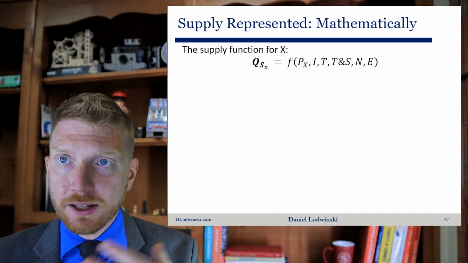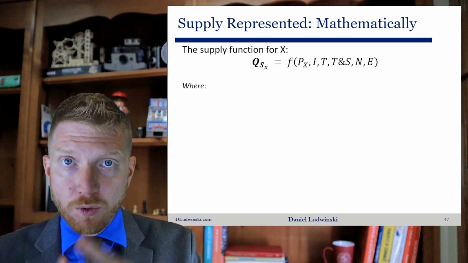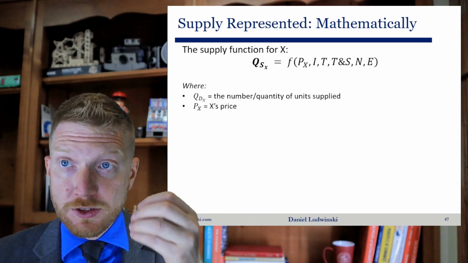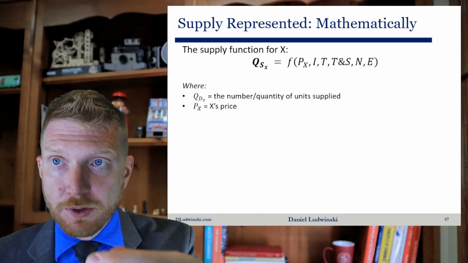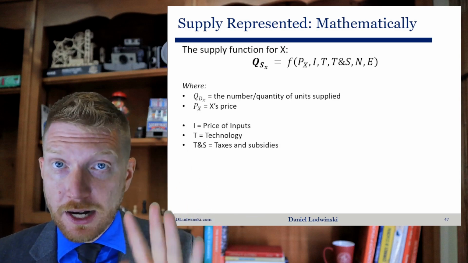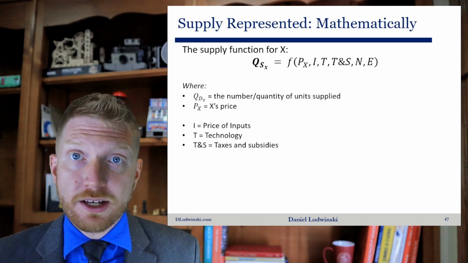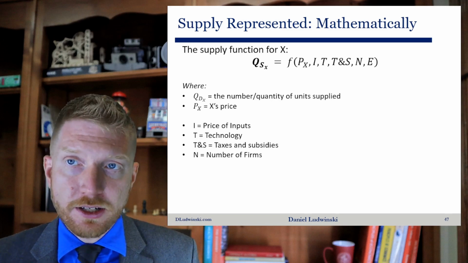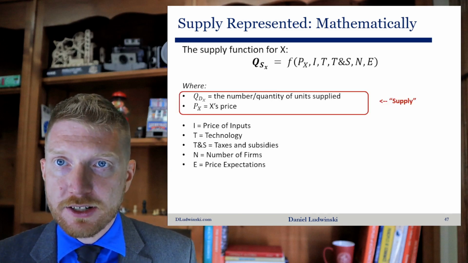Representing it mathematically, again, we can have a function here which relates the quantity supplied to price, and this main part that is supply is the relationship between quantity supplied and price. And there are other things that impact quantity supplied, just like there were other things that impact quantity demanded: inputs, technology, taxes and subsidies, and number of firms, as well as expectations.